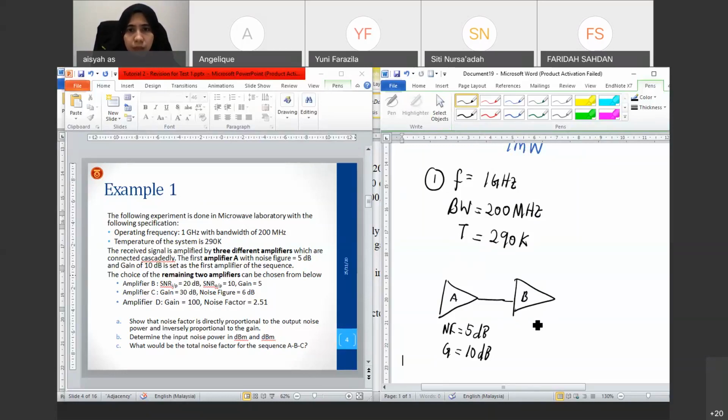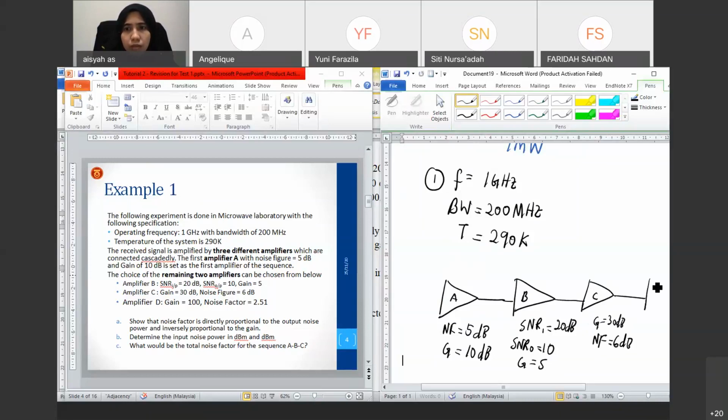For B, SNR I equal 20 dB, SNR O equal 10, gain equal 5. And then C is given a gain equal to 30 dB, noise figure is 10 dB.